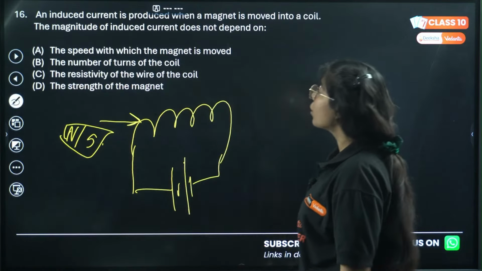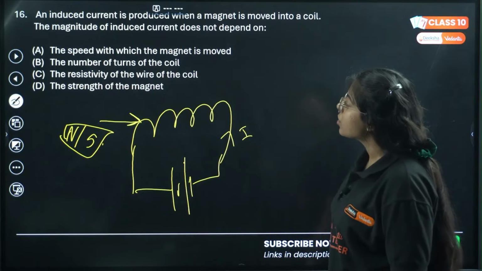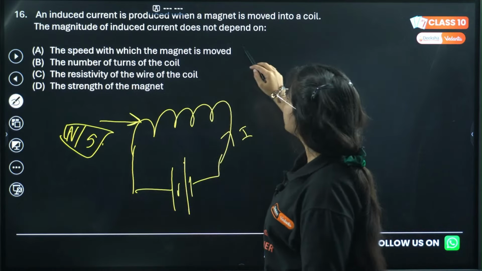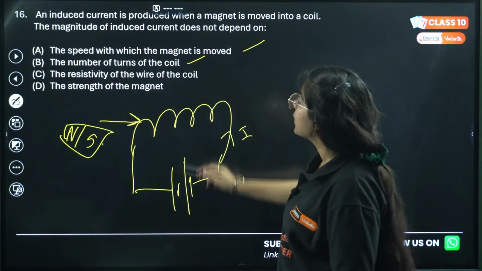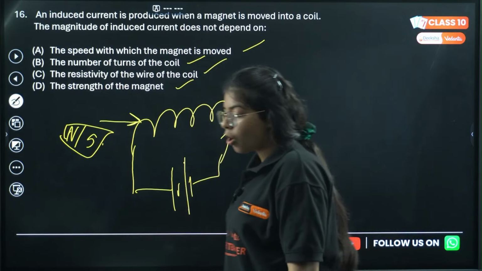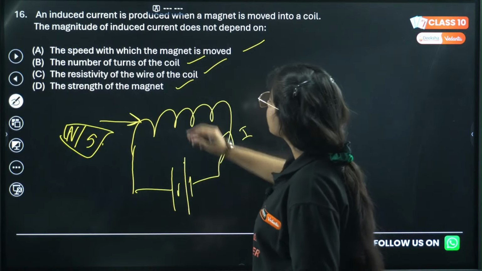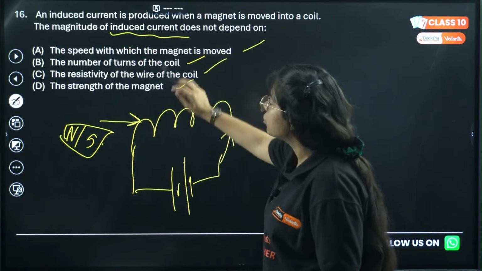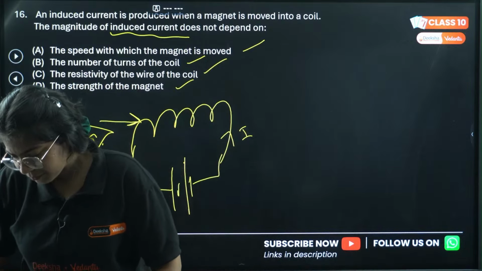The magnitude of the induced current in this coil does not depend on the speed with which the magnet is moved, the number of turns of the coil, the resistivity of the wire of the coil, or the strength of the magnet. On which does the magnitude not depend? The magnitude of current will not change due to which? C.